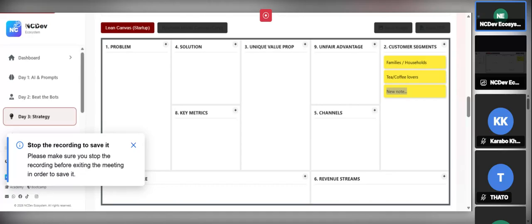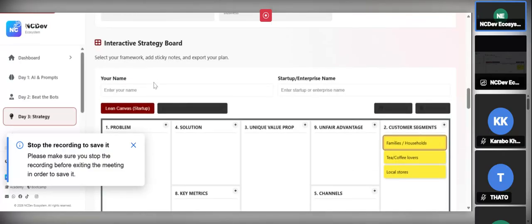Another one could be your local stores, because what we want to do is get our bread onto the shelves of the local stores as well. So there we have about three groups of customers that we've identified.